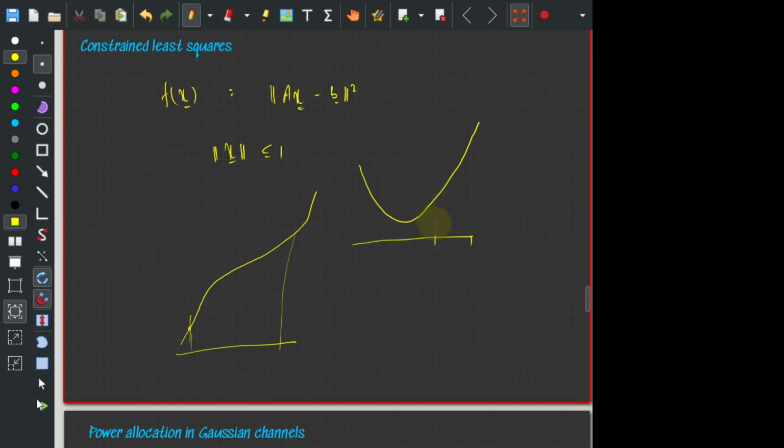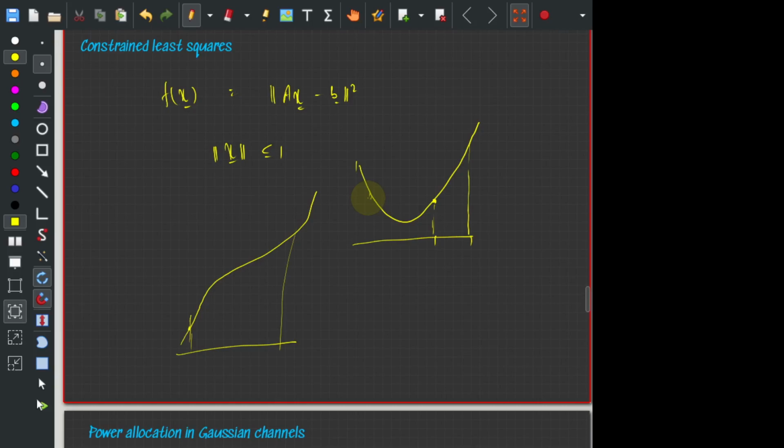But if it is an interval, then what I can guarantee is that in this particular interval, as long as it is to the right of the minimum, the function is going to be continuously decreasing, again in this example. And therefore, the point of minimum is going to be one of the extreme points. Similarly, if it's to the left, it's again going to be an extreme point.